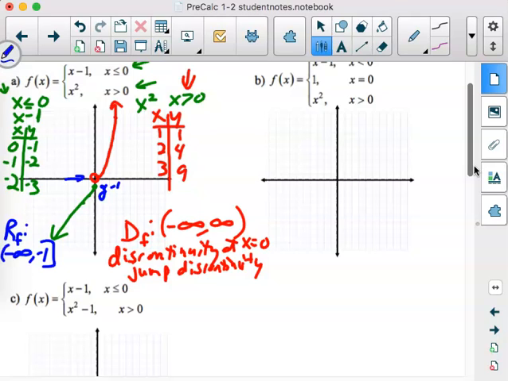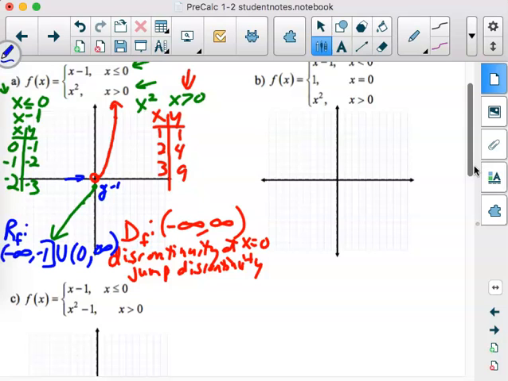And we can't include 0. And then it keeps going up forever. So -infinity to -1, where -1 is included. And then we have to jump up to 0 and go to infinity. So non-removable discontinuity, or a jump discontinuity at x equals 0.